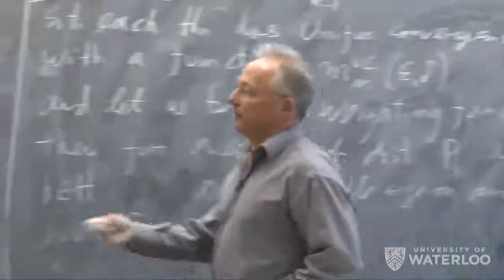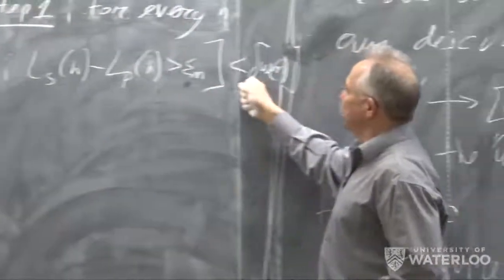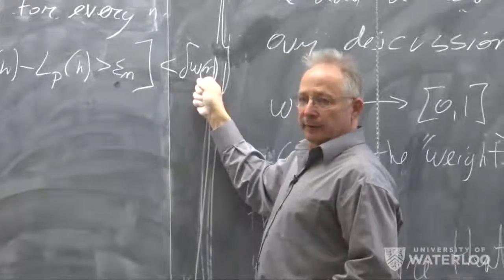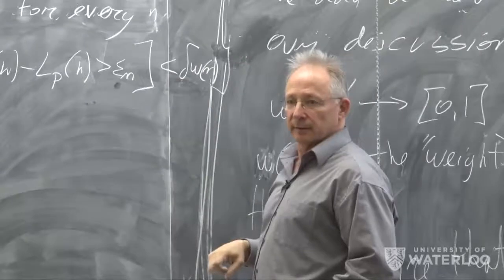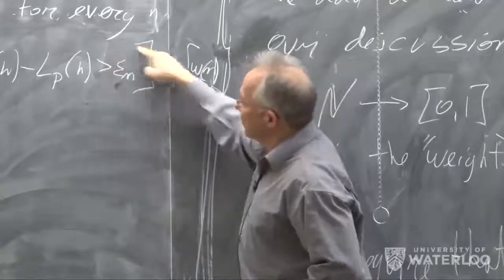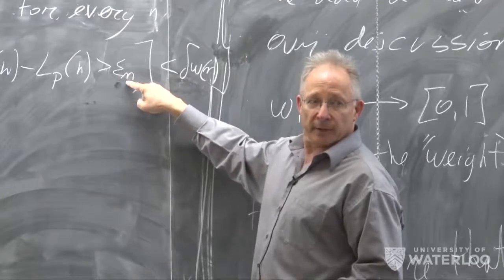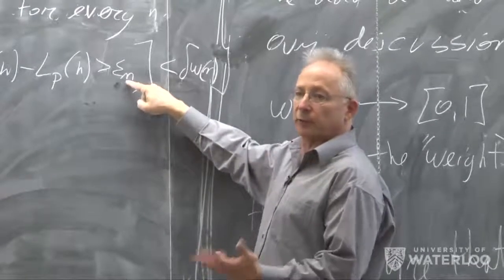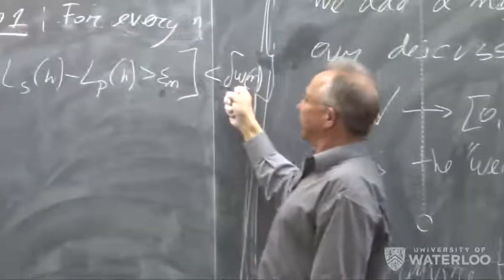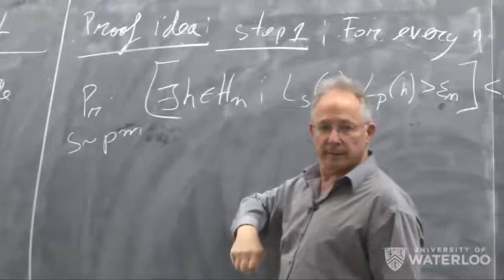So I picked epsilon to be large enough such that I can achieve this with probability delta times Wn. Delta times Wn is just a fraction of delta, and that was encapsulated in our definition of epsilon n. Epsilon n was the minimal value of epsilon that can tolerate such confidence with an m-size sample.